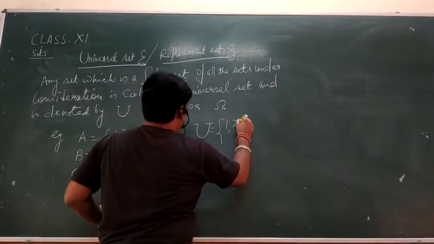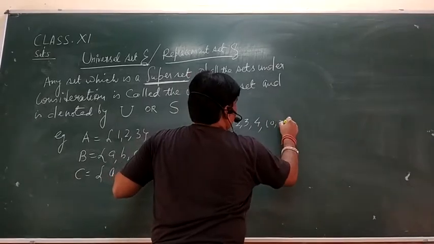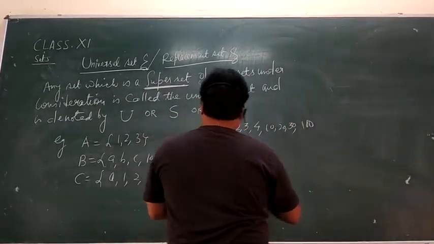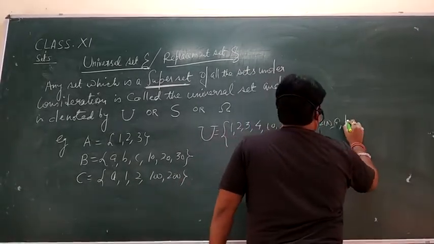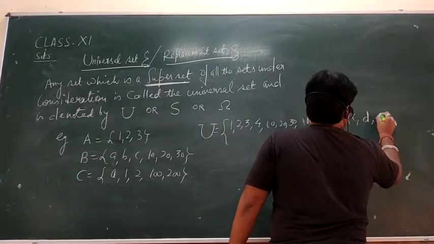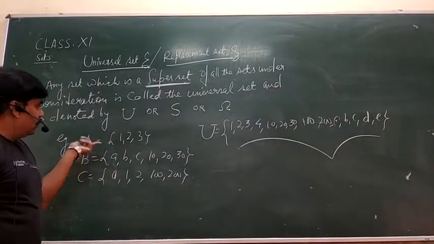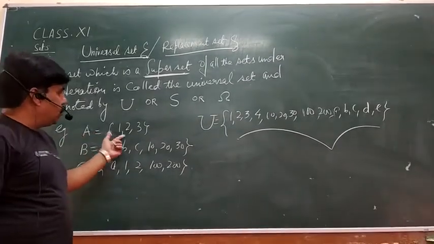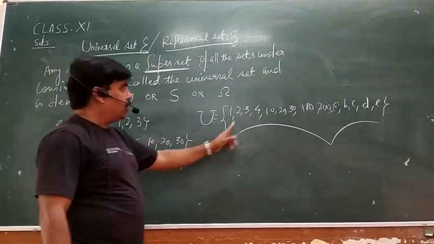Like 1, 2, 3, 4, more than that also, 10, 20, 100, 200, a, b, c, d, e. Then you can say this is the universal set, because it contains all the elements of sets A, B, C. The elements of set A are 1, 2, 3, which are here. The elements of set B are a, b, c, 10, 20, 30.